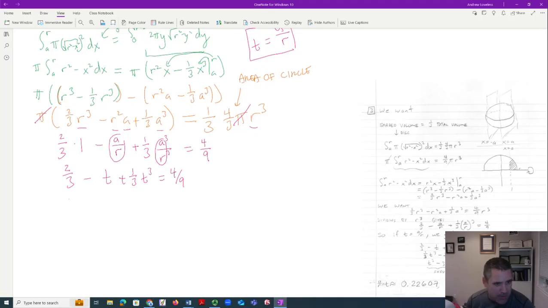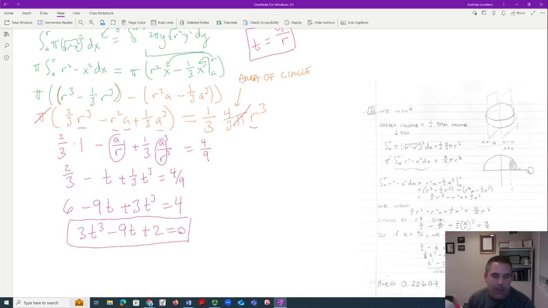So if I multiply by 9, this will become a 6, this will become a 9, this will become a 3, this will become a 4, and you get this cubic equation. And maybe that's a topic for another video. How do we solve cubic equations in general? But I'm just going to use a solver. And you can solve for t, and that will solve for every possible radius.